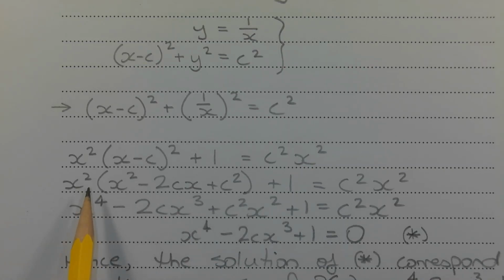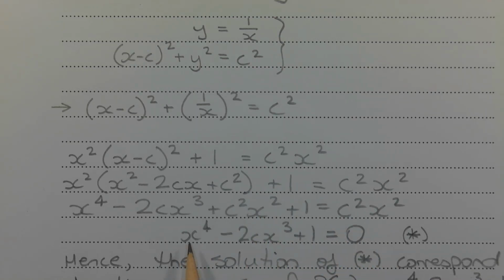And then multiplying through by x squared, by multiplying the x squared to all the terms inside the brackets here on the left-hand side, we get x to the power of 4 minus 2cx cubed plus c squared x squared plus 1 is equal to c squared x squared. Now we can cancel c squared x squared from both sides of this equation.